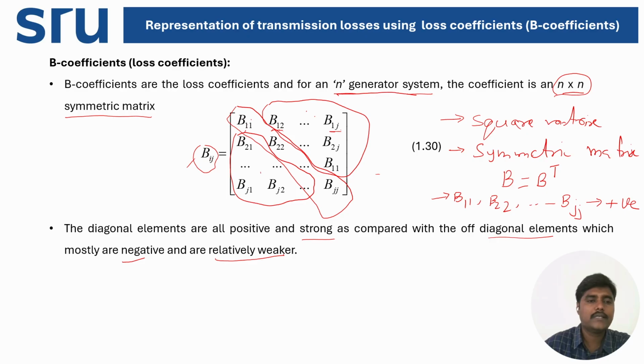It is a symmetric matrix, that means B is equal to B transpose. All the diagonal elements are positive in nature and strong compared to the off diagonal elements, and all the off diagonal elements of this matrix are negative in nature and much weaker compared to the diagonal elements.